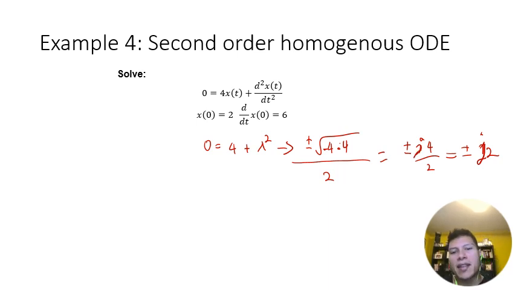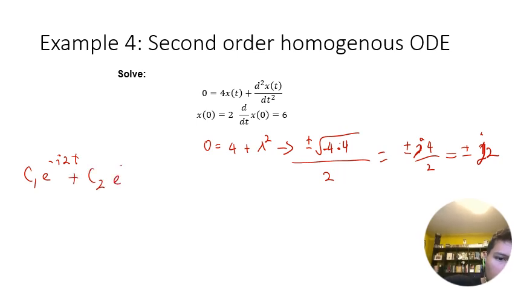J means imaginary. For these particular roots, our homogeneous solution would be of the form C1 e to the negative j2t plus C2 e to the j2t. We're not going to use this notation in this class.